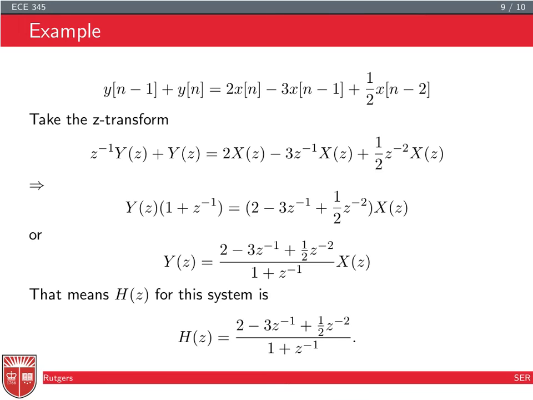So here I did the calculations again, and if the question is to find the impulse response, so here I could add, let's say, find h of n, which is the impulse response. Then you have to find the inverse z transform here. And we talked about this.